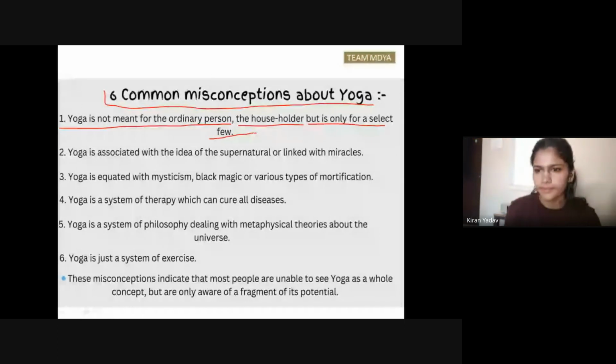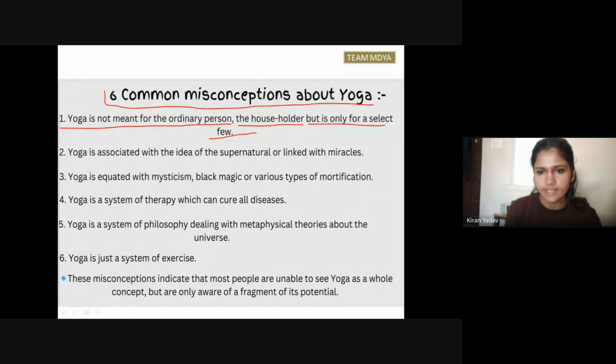This is a big misconception because anybody on this planet who is a human being can do yoga, no matter what his age, gender, or whatever he is. So it's not only for a select few people.